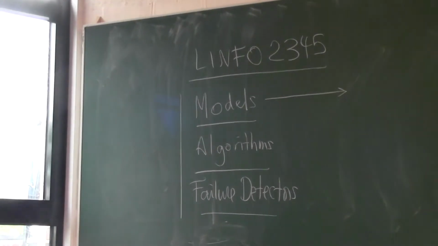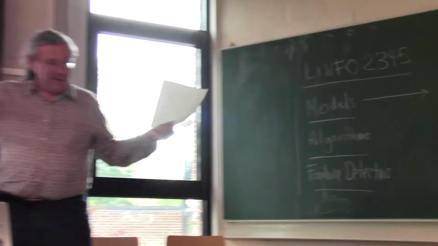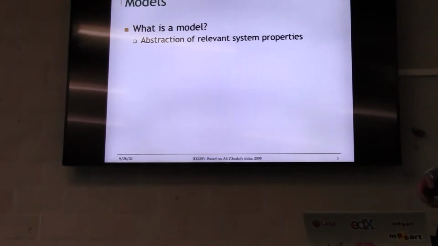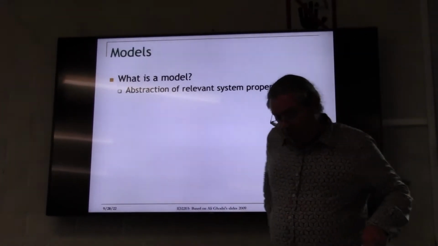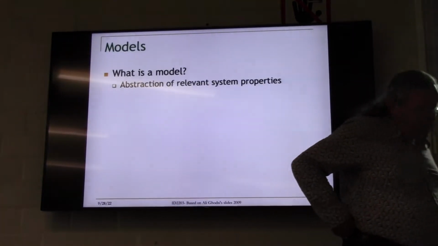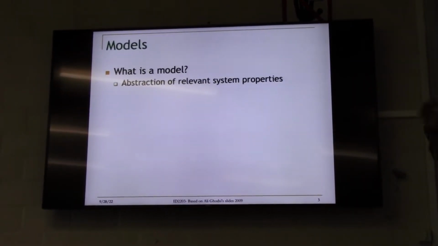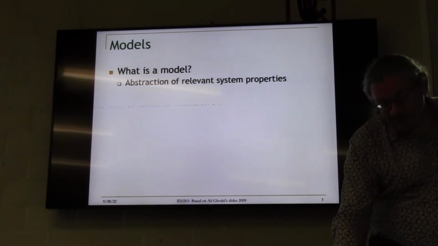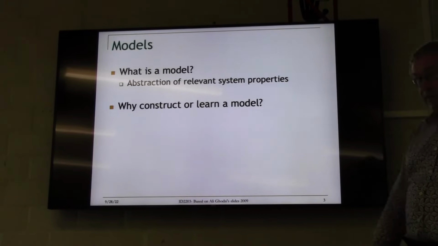Let me give you kind of a general scientific introduction. What is a model? Well, we want to make some kind of a mathematical abstraction of our system. That's very general. Everybody who does science does that.